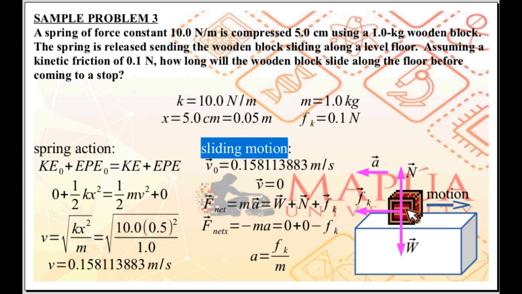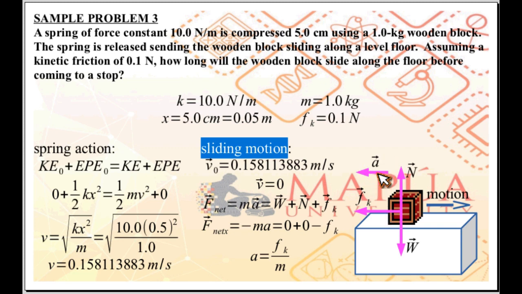Kinetic friction is always opposing the motion. Since we had assumed the motion to be positive direction, kinetic friction will be in the opposite direction. Kinetic friction will be horizontal, negative direction. From non-zero velocity, the object comes to a stop. Therefore, the object is decelerating.